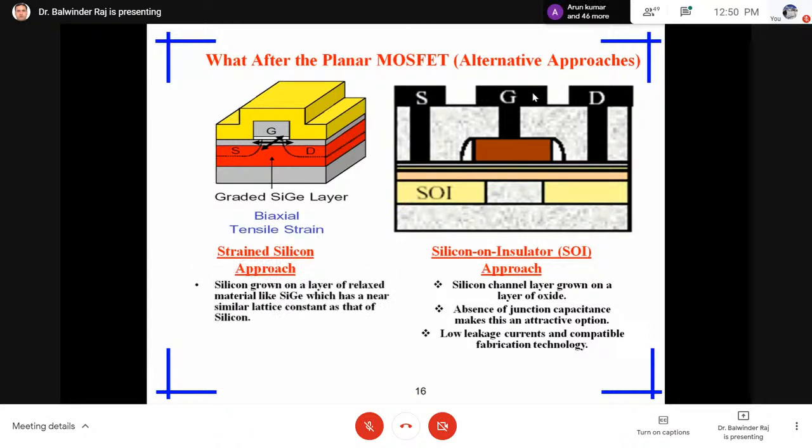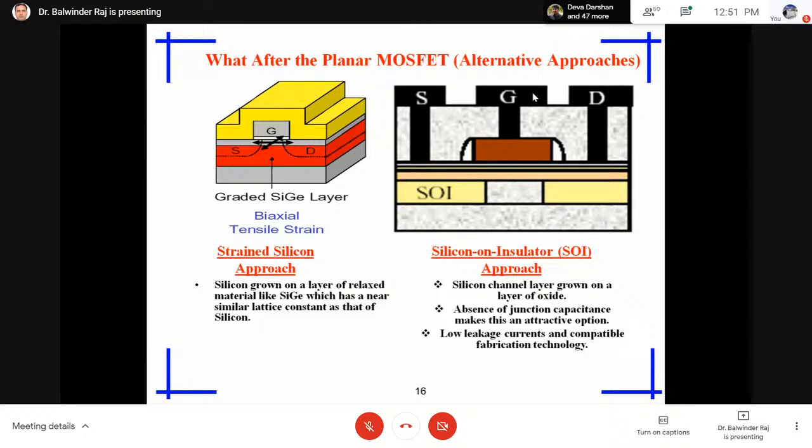The strained silicon approach is where we combine silicon and germanium together, because silicon and germanium both belong to group 4 elements, and their atomic structure, crystal structure, are very similar to each other. So we can mix the materials because both have 4 electrons in their outermost shell. So these materials can be easily mixed to come up with strained silicon.